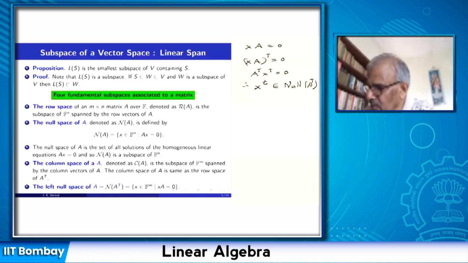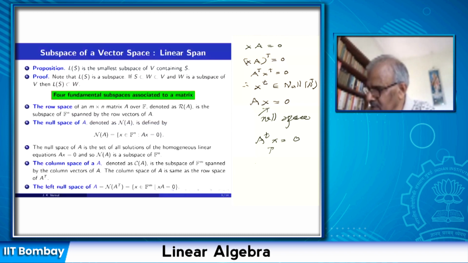So the null space of A is all solutions of Ax equal to 0. And all solutions of A transpose x equal to 0 form the null space of A transpose, right?